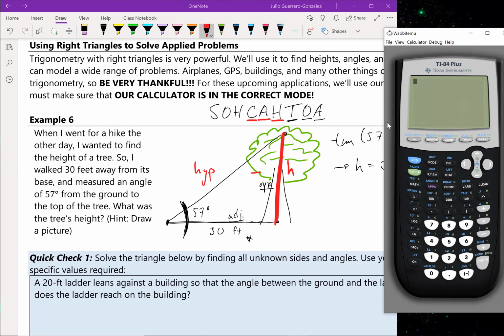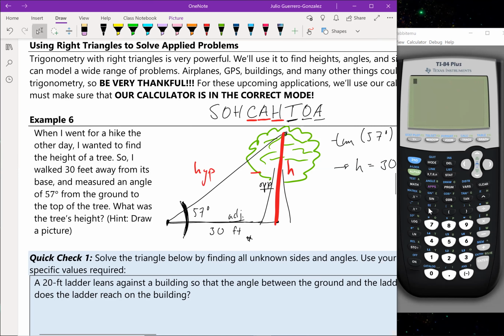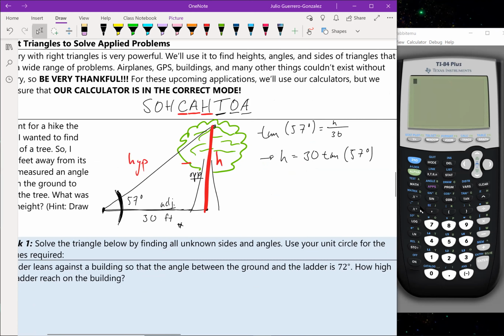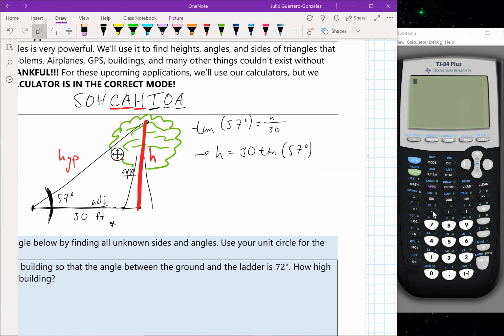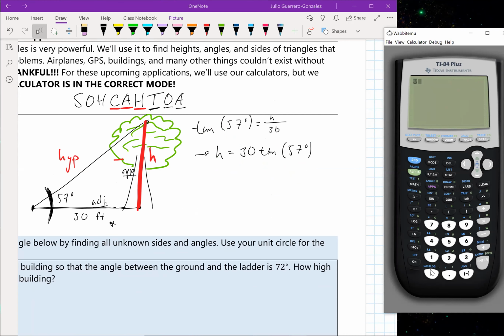And now I'm going to actually put in my answers for everything. I need 30 times tangent of 57 degrees. Since my mode is in degrees, that 57 is degrees, not radians.